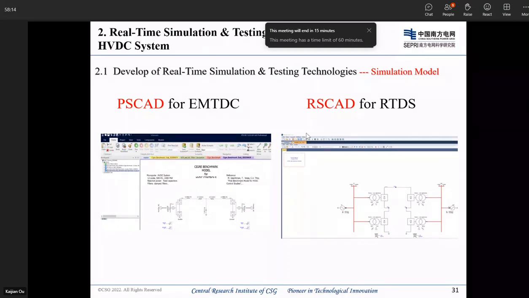Today, for RTDS is ASCAD. They are very similar because they were also developed by Manitoba Hydro, the same company. So yesterday I introduced PSCAD, so I will introduce ASCAD in RTDS here.